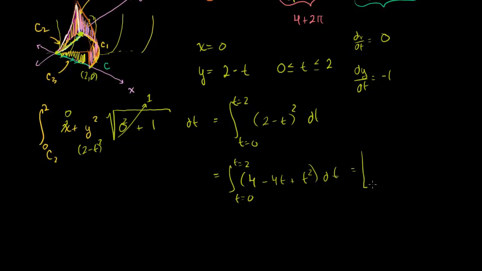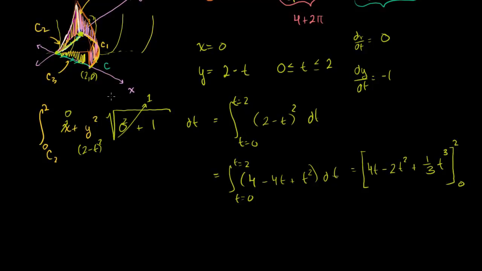The antiderivative of this is 4t minus 2t squared, right? When you take the derivative, 2 times minus 2 is minus 4t. And then you have plus 1/3 t to the third. These are just simple antiderivatives, and we need to evaluate it from 0 to 2.